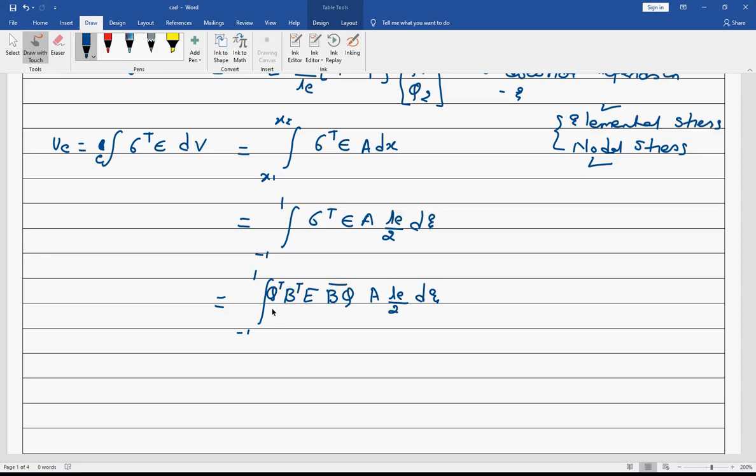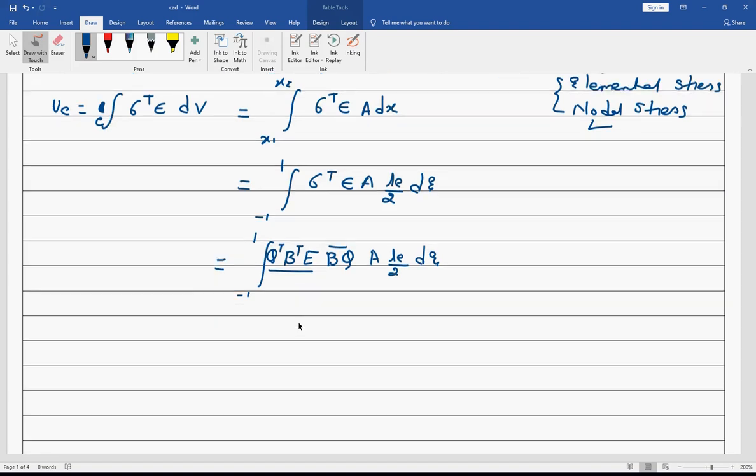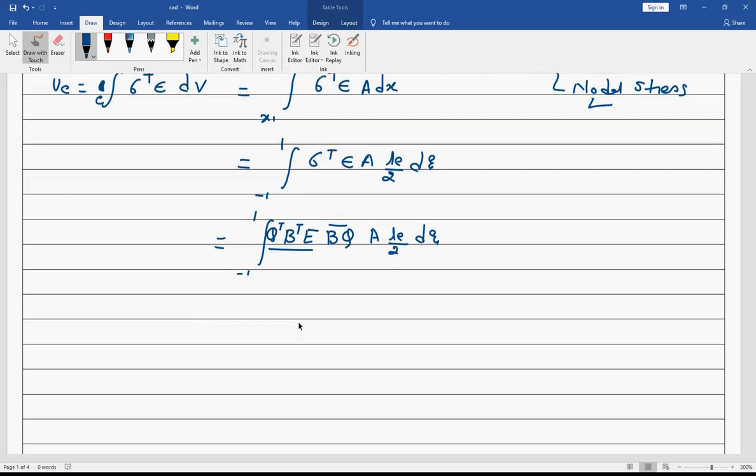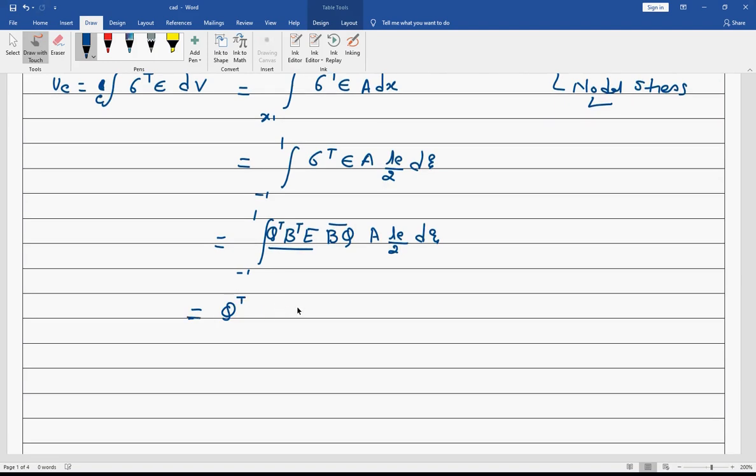This is my strain and this is my stress. Now I take Q transpose common. A into Le by 2 is constant, so I take it out. E is also constant, so I take that out of the integration from -1 to 1.